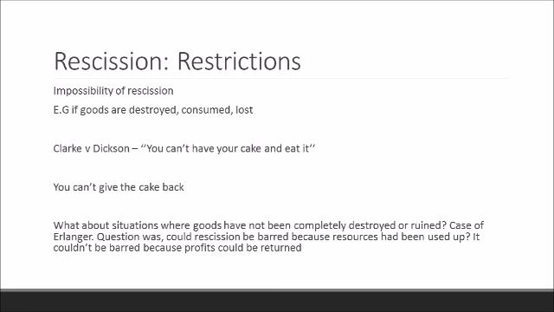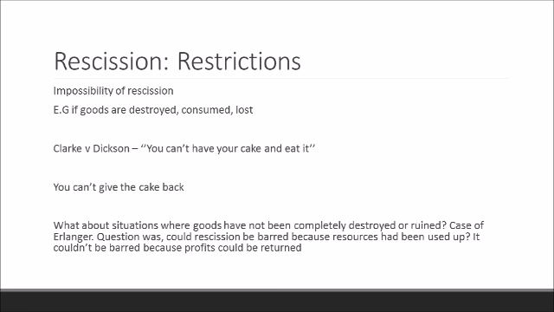So the question was, could the contract be rescinded because the mine was still in somewhat of a good condition, but many of the materials had been taken away from it. So the question was, could rescission be barred because the resources had been used up? Well, the courts held no, it couldn't be barred because profits could still be returned.